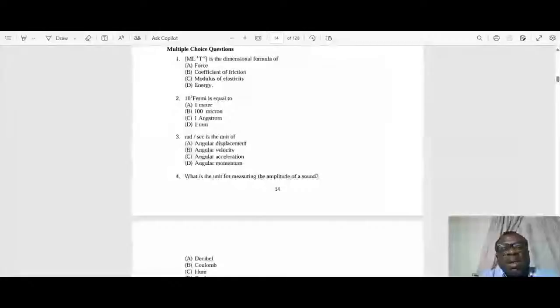You can get the dimension of force as M L T raised to power minus 2. We have done this in the class. The dimension of force is M L T raised to power minus 2.